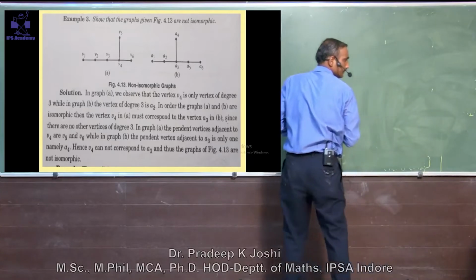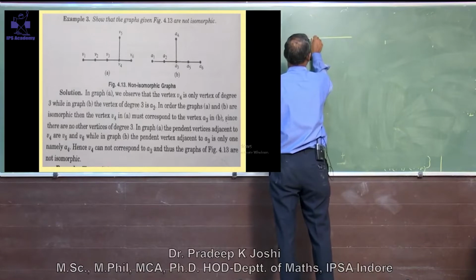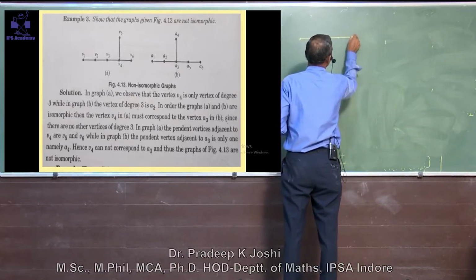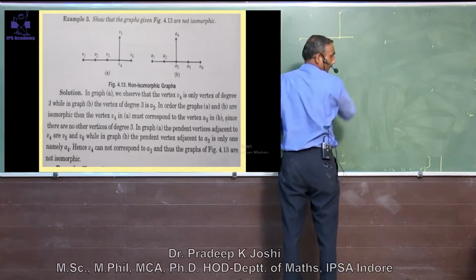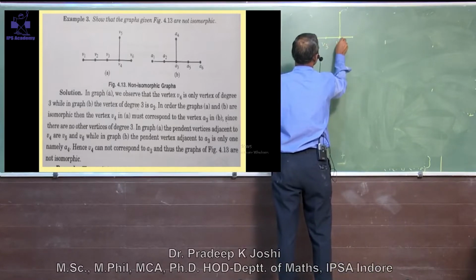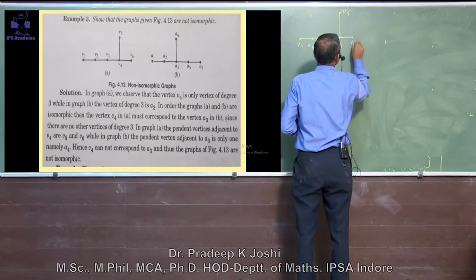We consider the graph here: this is V1, V2, V3, V4, and that is V5, and V6.